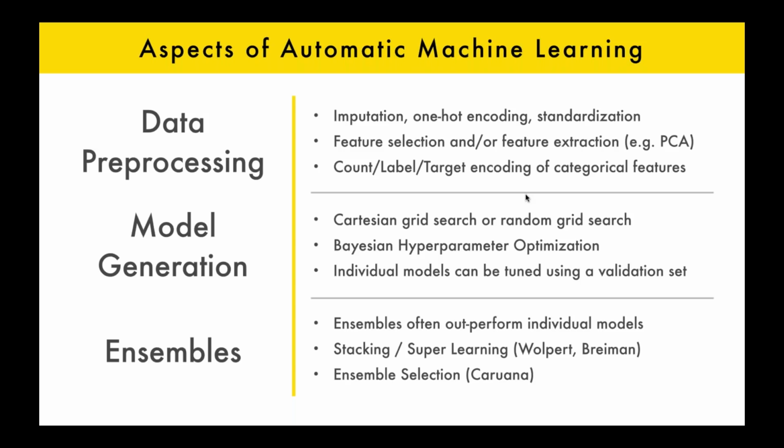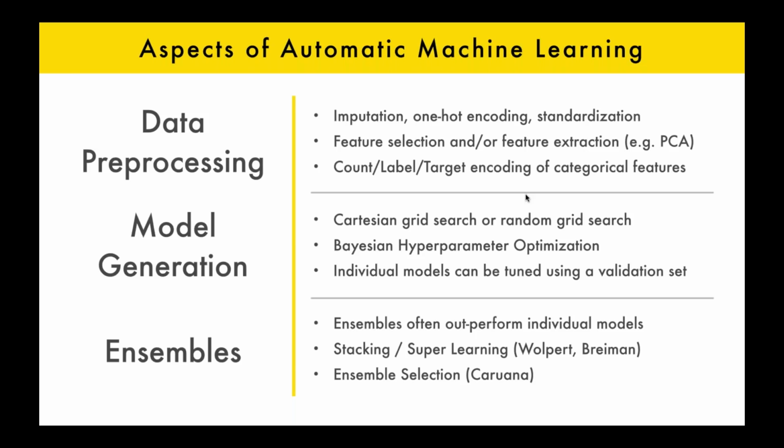That's just a way of either reducing or expanding your feature set. And then there's a couple of different things called count, label, or target encoding, or different types of encoding of categorical features. So for example, if you have a very high cardinality categorical, meaning there's a lot of different levels.